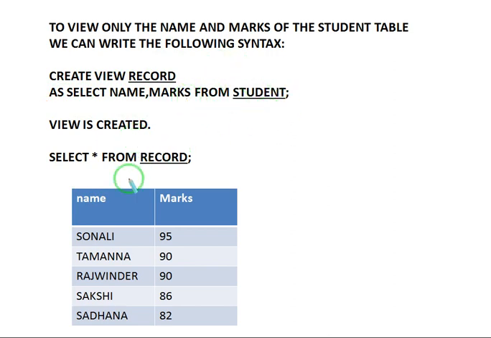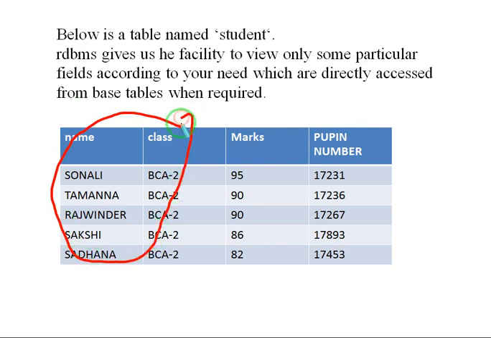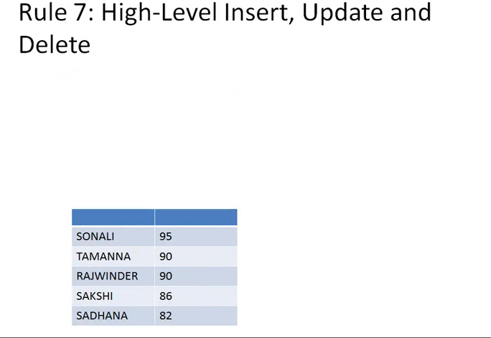So view is created, and from this original student table, only these two attributes get placed into a virtual table. So this enhances the security for the RDBMS.